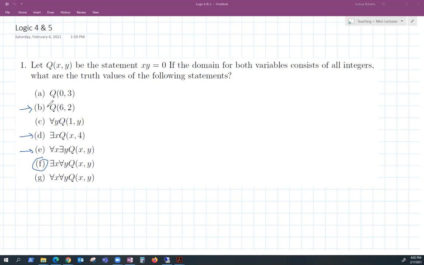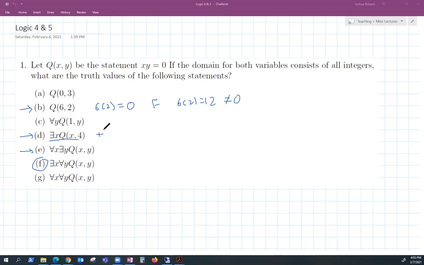So B is just saying Q of 6, 2 is just saying 6 times 2 equals 0. Well, that's false, because 6 times 2 equals 12, which is not 0. That is a false proposition. Now look at this one where it has been quantified. There exists an x such that Q of x and 4.